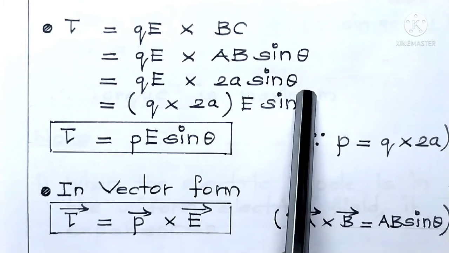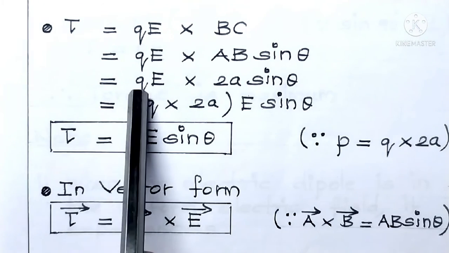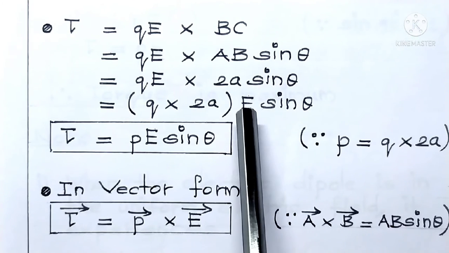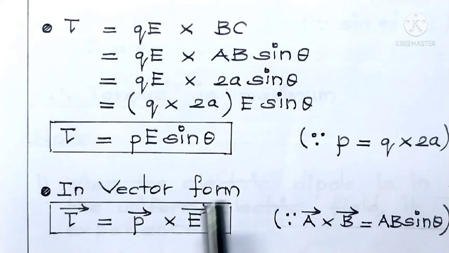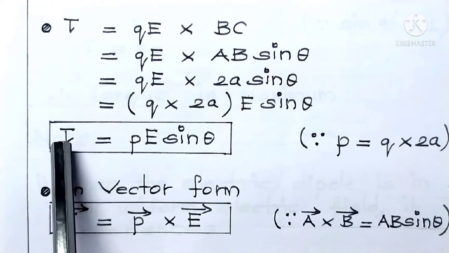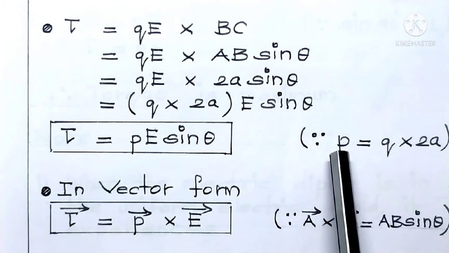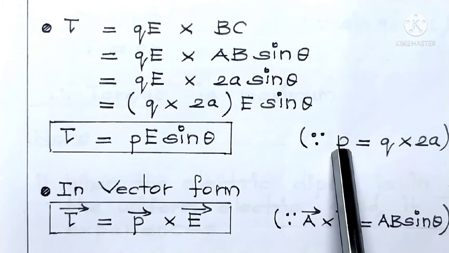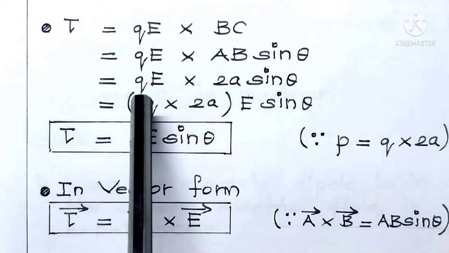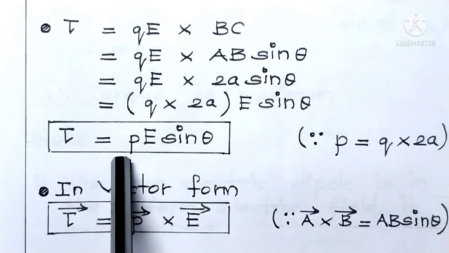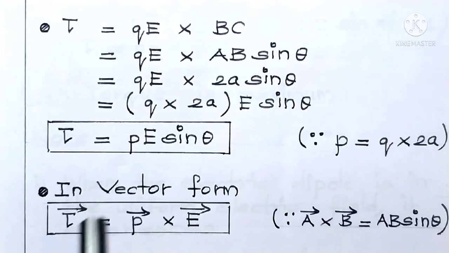So 2a sine theta. In the next step, I have grouped this q and 2a within a bracket and capital E sine theta. In the next step, tau is equal to pE sine theta because p is nothing but q into 2a. So in the place of q into 2a, I have written small p, which is nothing but what?